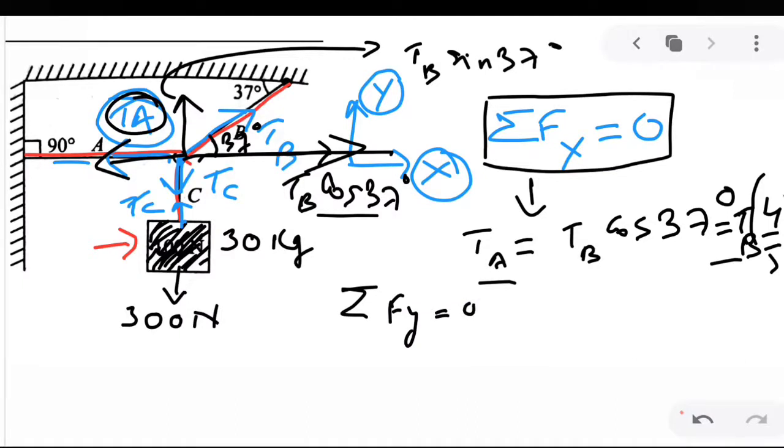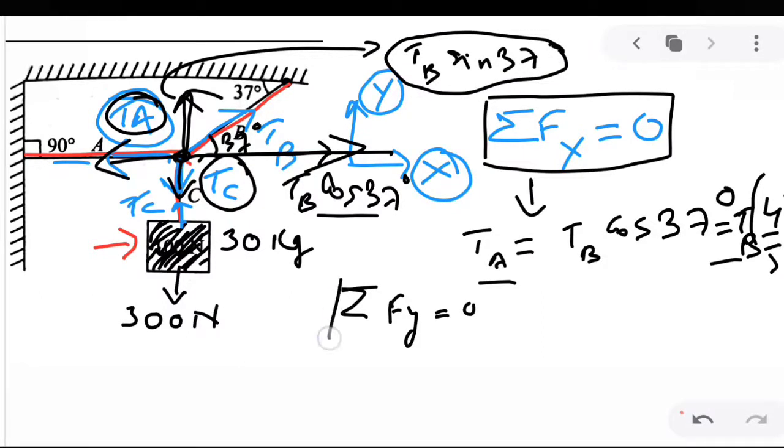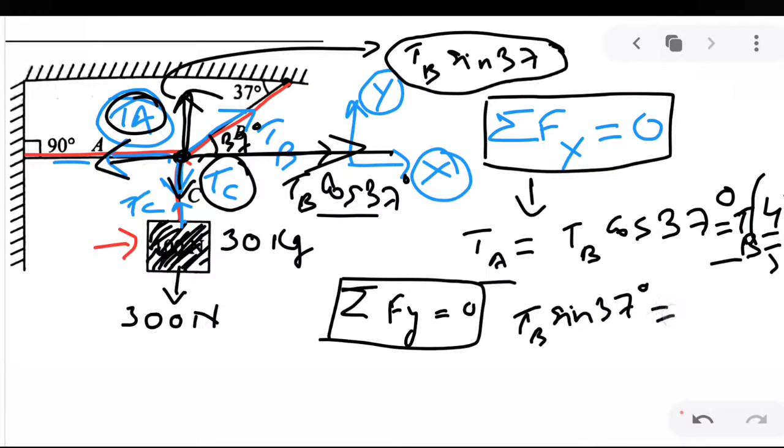Now at this point, the downward force is TC and the upward force is TB sin 37 degrees. So if the net force along the y-axis is 0, then total upward force equals total downward force. Total upward force is TB sin 37 degrees, and that is equal to TC.